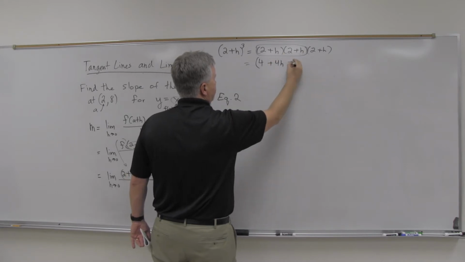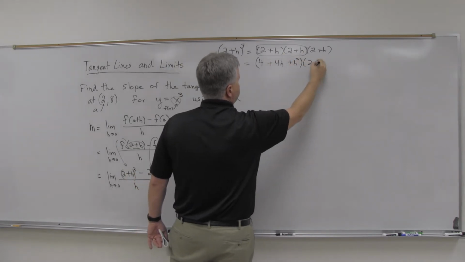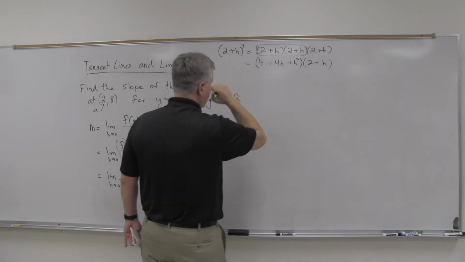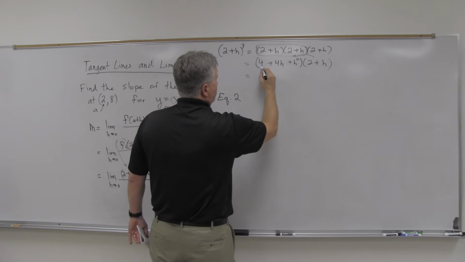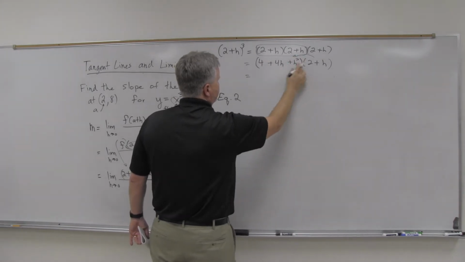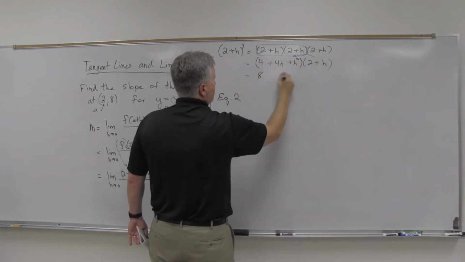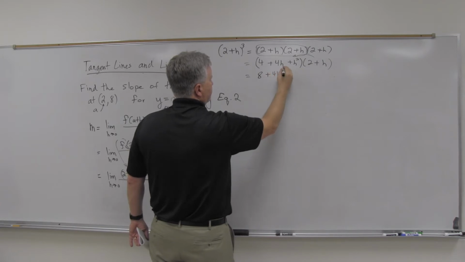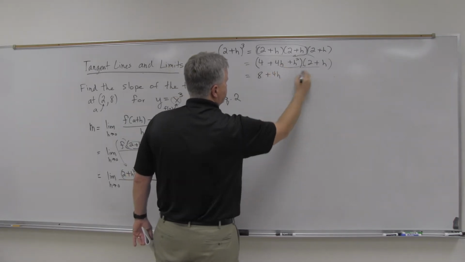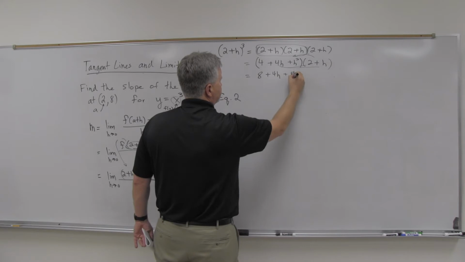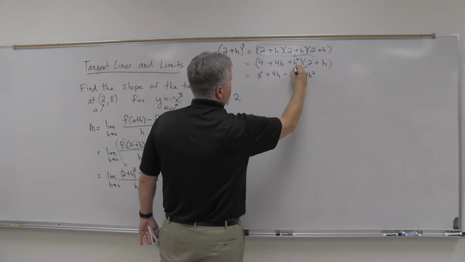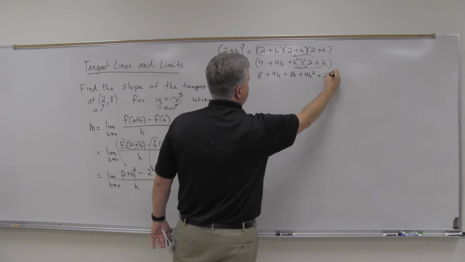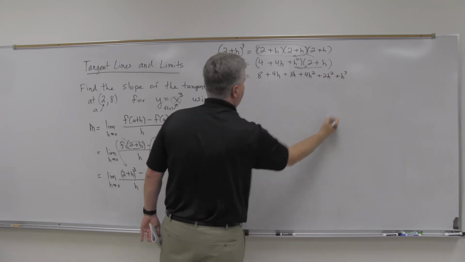And then h and h, you got h squared. Times 2 plus h, and then just multiply those in here. Or vice versa. So you got 2 times 4 is 8. 4 times h is 4h, and do the 4h times the 2 and the h, so that'd be 8h plus 4h squared. And then do the h squared, so it'd be 2h squared plus h cubed.